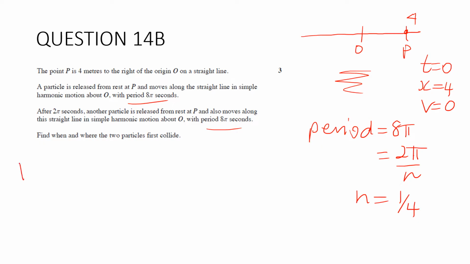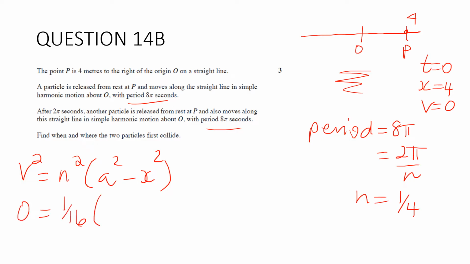We'll use v squared is equal to n squared (A squared minus x squared). So at t equals 0, v is equal to 0, n is equal to 1/4, A we don't know, and x is equal to 4. And so that's going to give us A squared minus 16 is equal to 0.